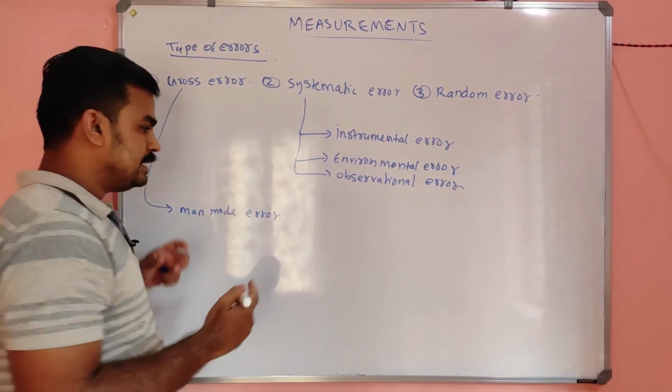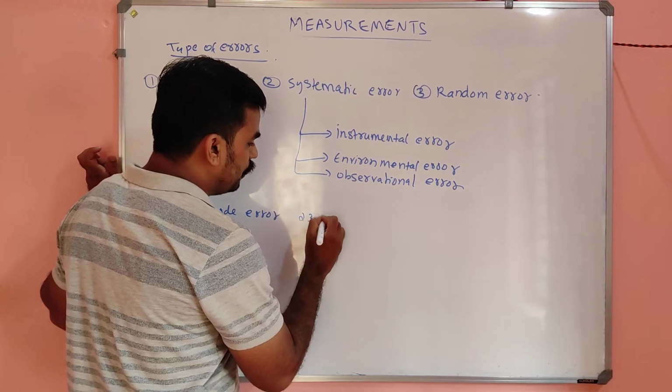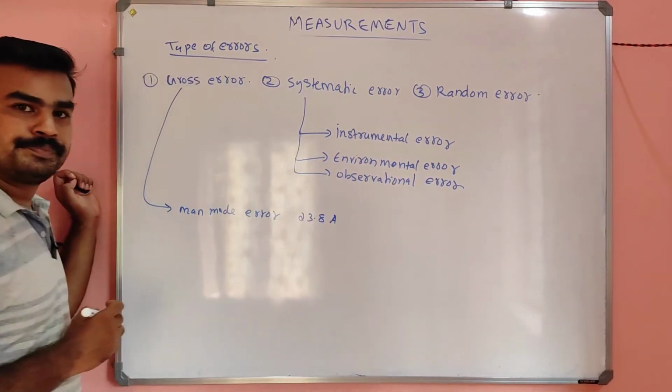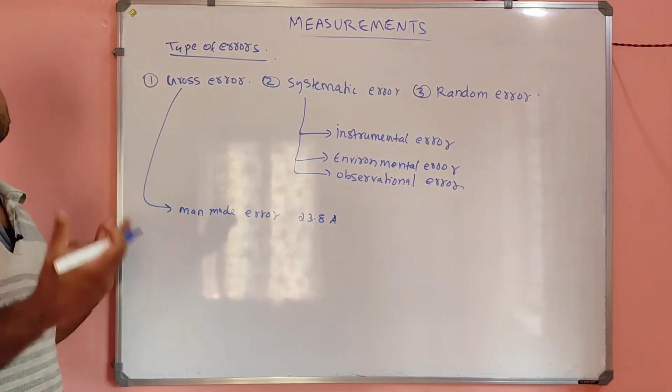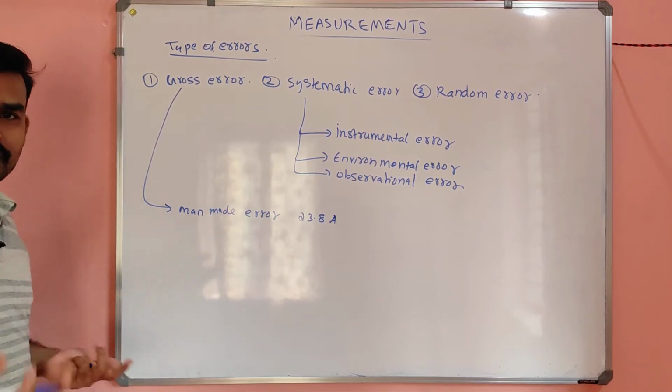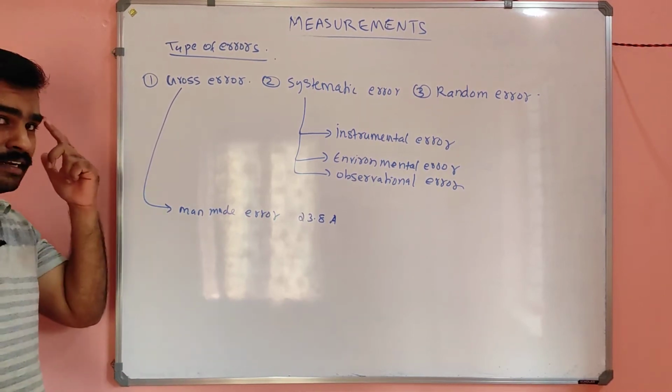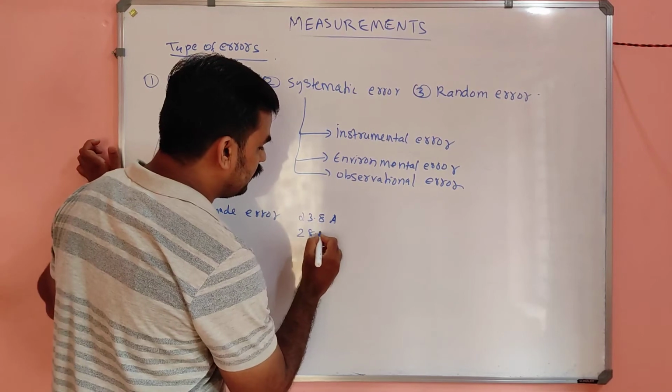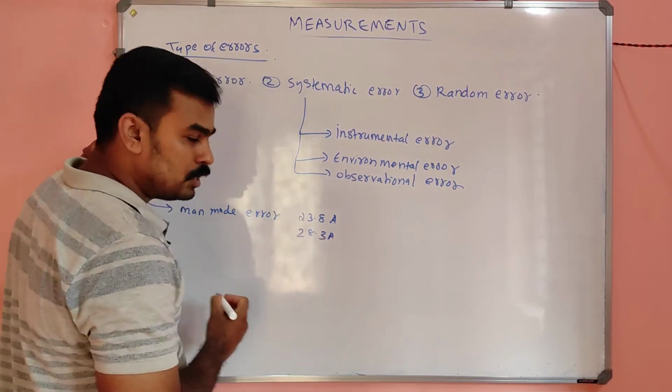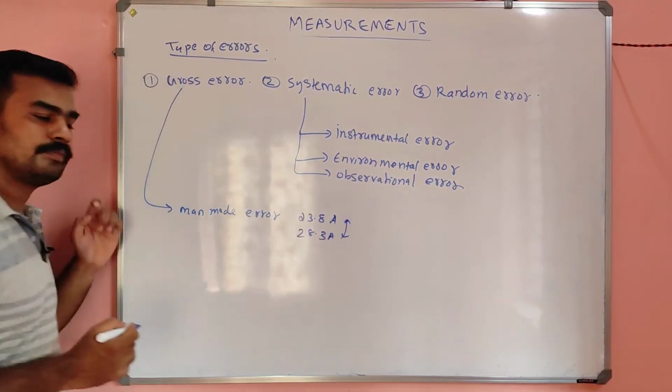Suppose a person says 23.8 ampere, but due to some mood swing, the listener heard 28.3 ampere. There an error occurred.